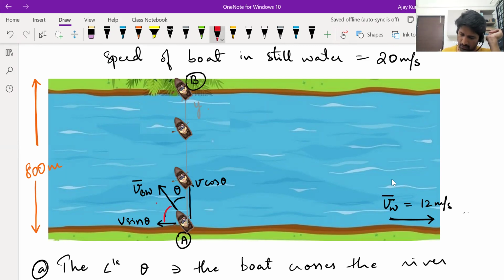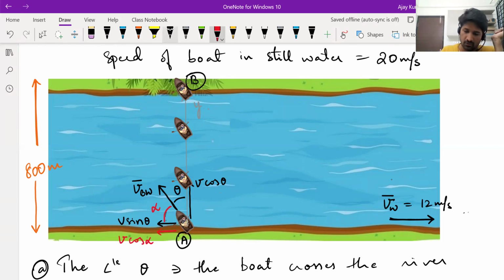They may ask, what is the angle with the river bank at which the boat must be directed? If that angle is alpha, then this component of velocity becomes V cos alpha this time, because angle alpha is with this direction. So you have to read properly from the question which angle they are referring to, whether they want angle with the perpendicular direction or angle with the upstream direction, that is alpha.